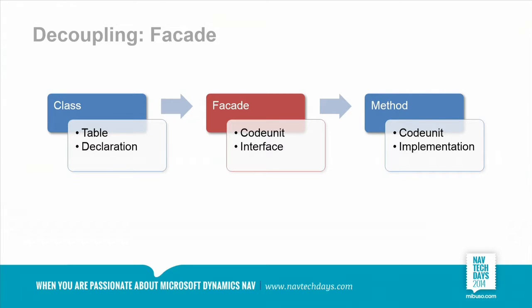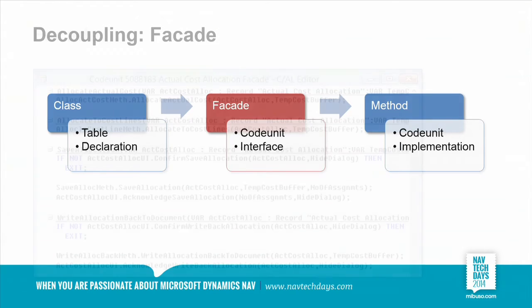So you have the class, and you have 3 different methods of addressing a sales price, and the facade just knows which one to pick in which context. So you have a soft link to a multitude of methods. That's what the facade does. It decouples the class from the method, the declaration from the execution, and just finds the right place as an interface where the method is actually executed.